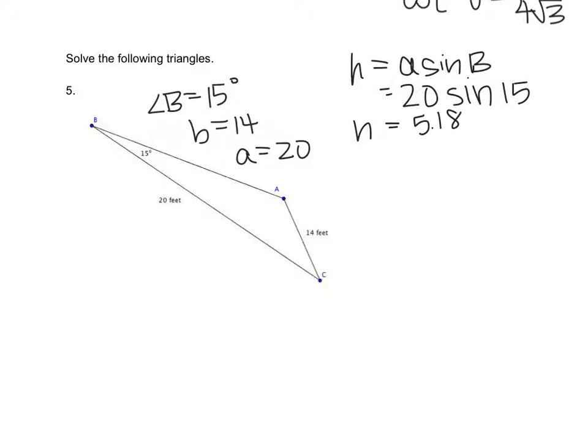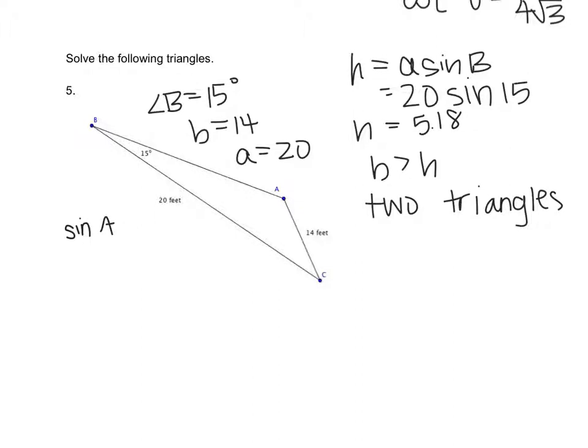And our side B is greater than H, which means we have 2 possible triangles for our solution.